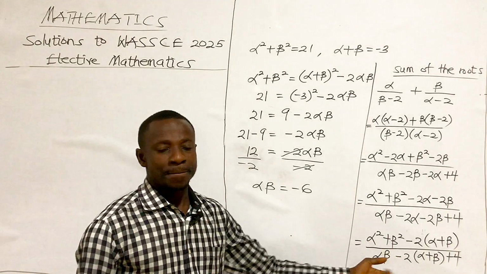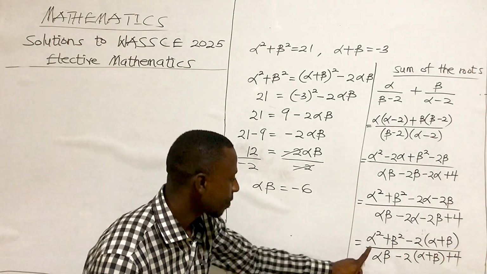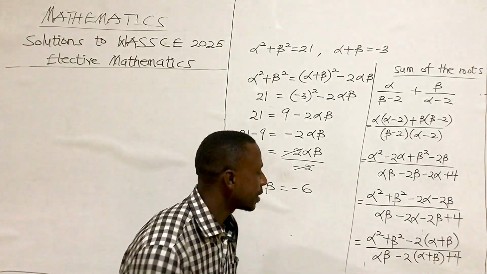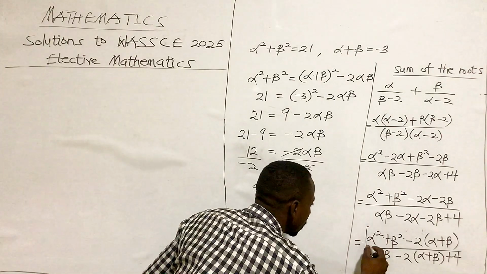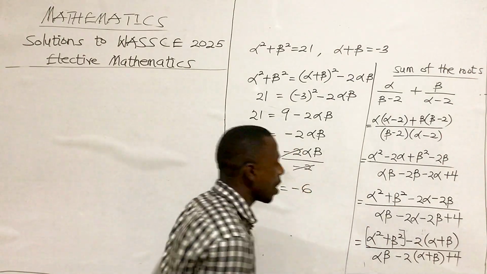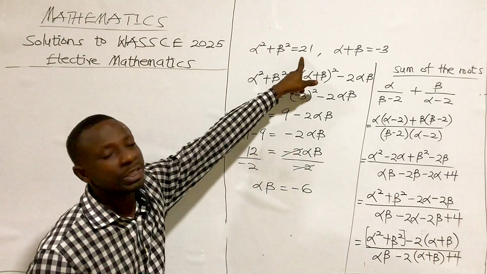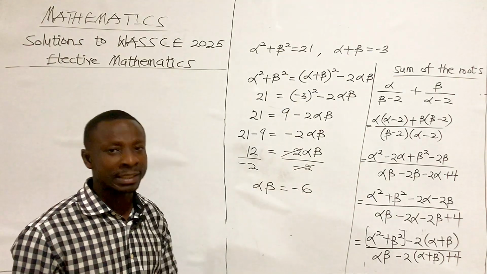From here we make substitution. Alpha squared plus beta squared we represent with 21 because it was given in the question.